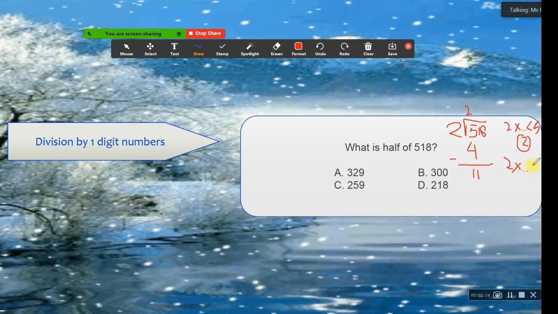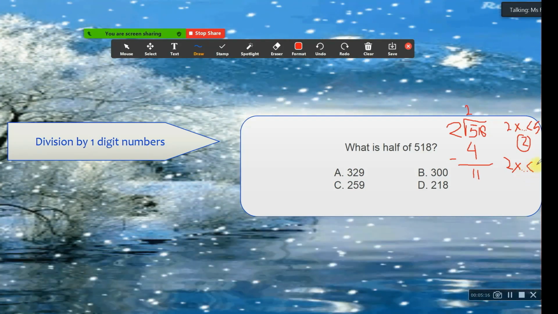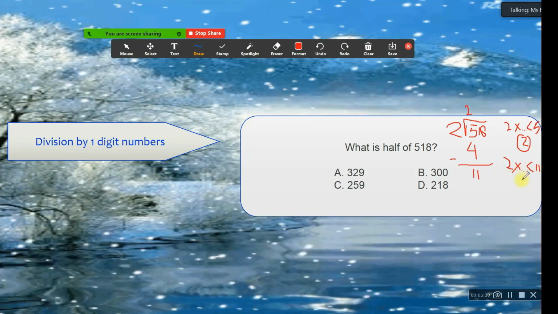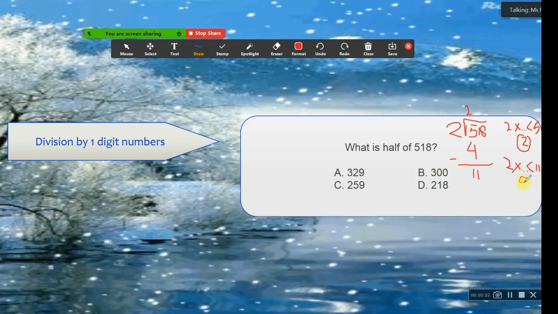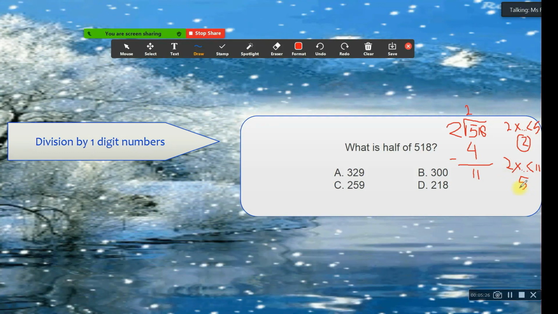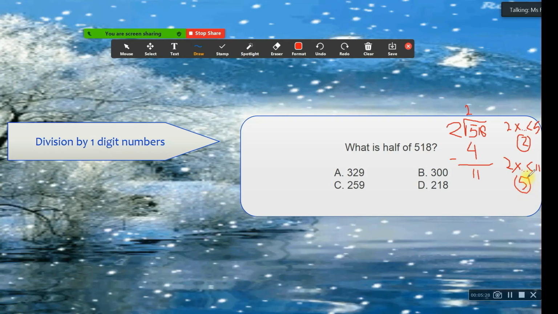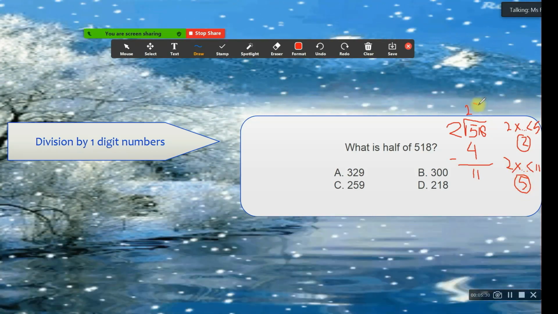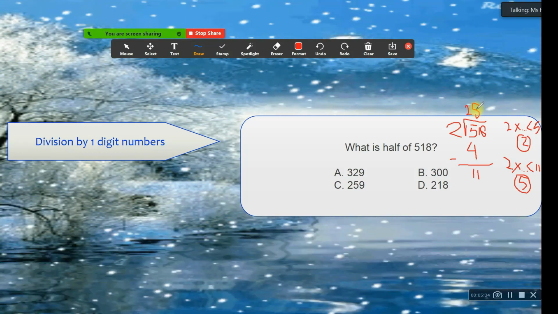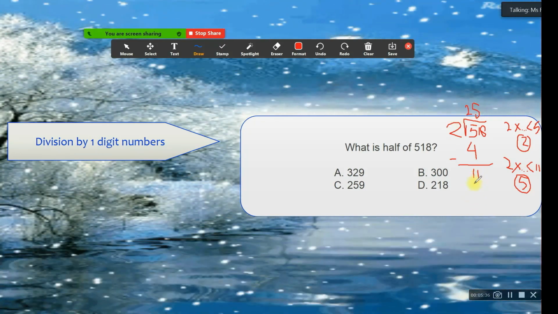The result is smaller than 11. How many? 2 times 5, because 2 times 5 equals 10. So we can put 5 here. 5 times 2 becomes 10.